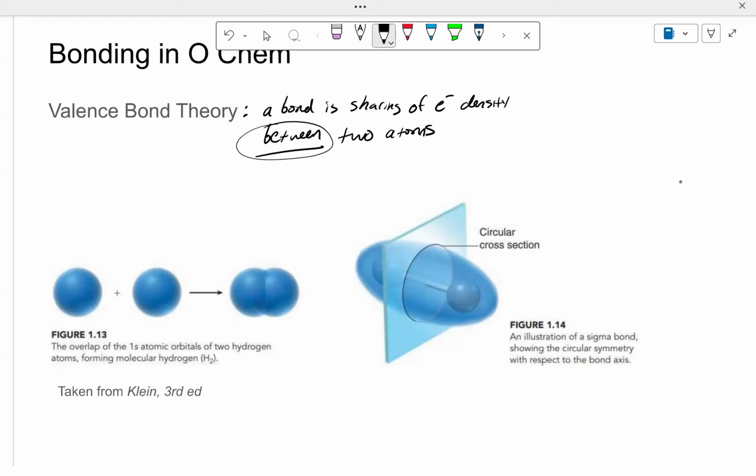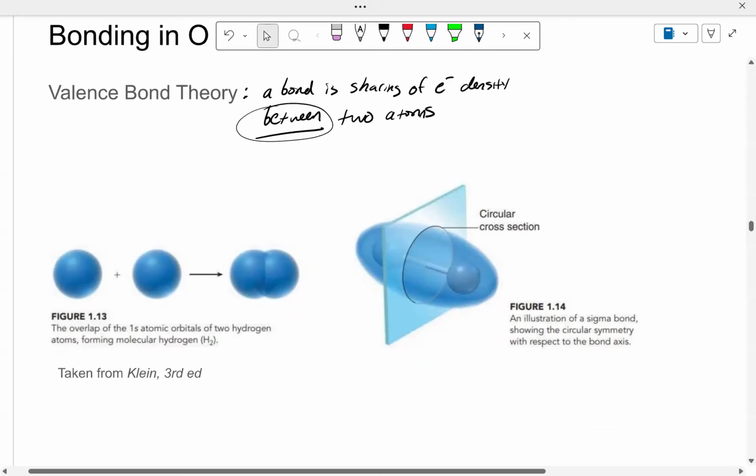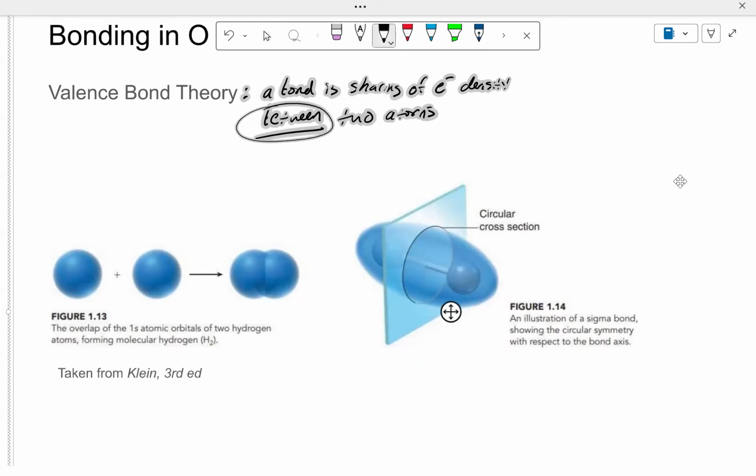So in the example that you see here, we're taking two hydrogen atoms, or 1s atomic orbitals, and they are sharing their sole electron with each other to form a bond between them. And again, I want to emphasize these electrons are localized across just those two atoms.